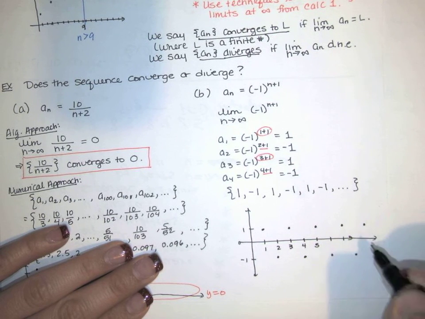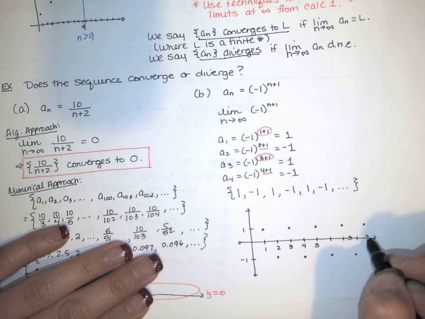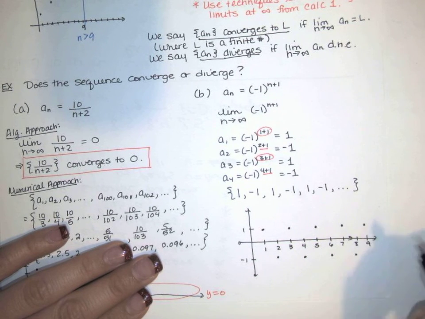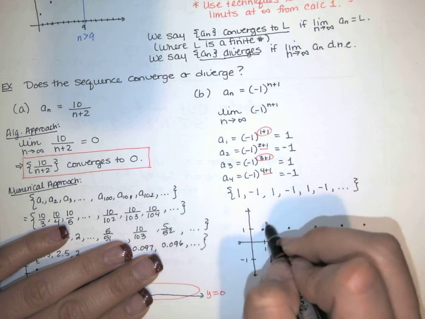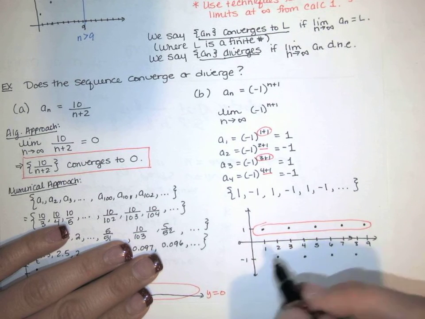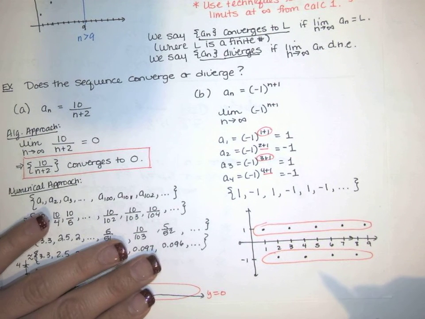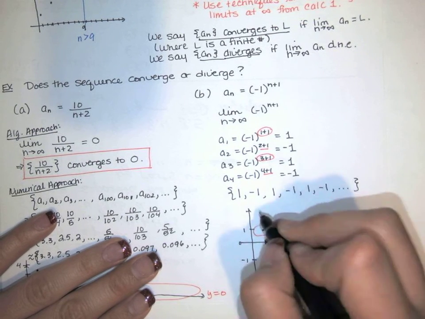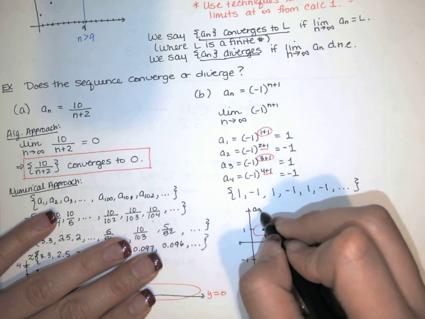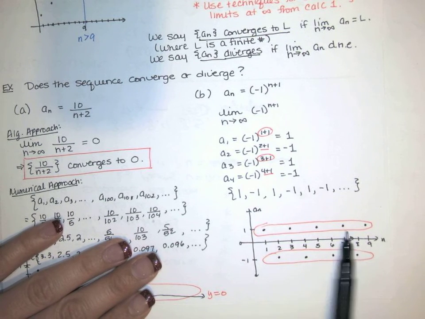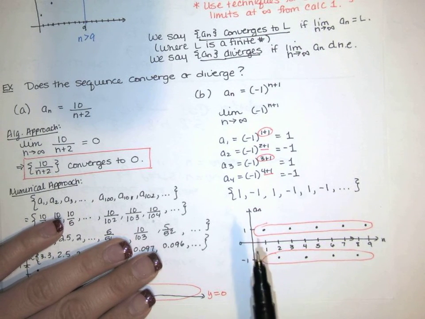You might be saying, does it have two limits? And that's tempting, because it looks like it does. Half the time it has a limit of 1. The other half the time it has a limit of negative 1. But this is just like a function in Calculus 1. You're not allowed to have two limits. As n goes to infinity, half the time we approach 1 and half the time we approach negative 1.